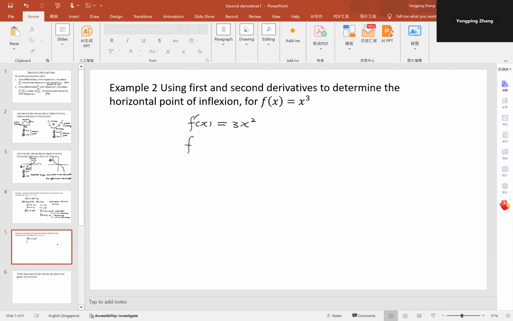The second derivative f double prime x equals 6x. For the stationary point, f prime x equal to 0. We can get x equal to 0. When x is 0, this point is equal to 0.